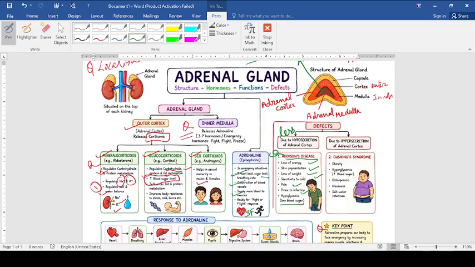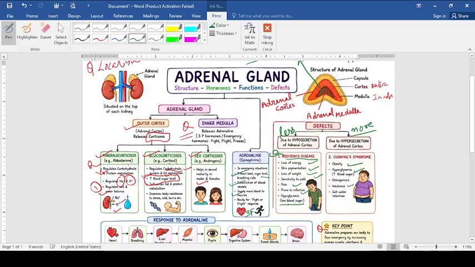Opposite to that, suppose this hormone is secreted more in some human beings, it will create the opposite problem. Opposite means Cushing syndrome. Cushing, you remember it, cushion like. The person becomes cushion like, or becomes fat. So obesity is one of the problems. As you know, with hypersecretion there will be more blood sugar. Here in Addison's you get less blood sugar, so in this case there will be more blood sugar.